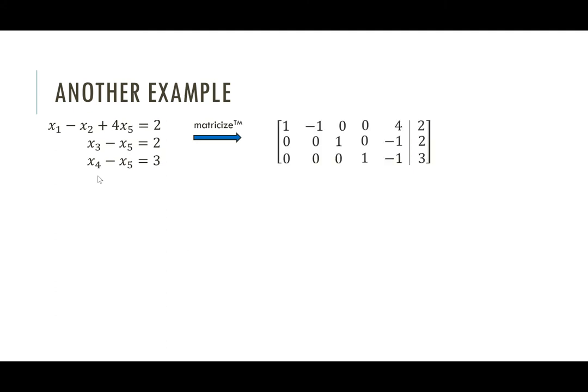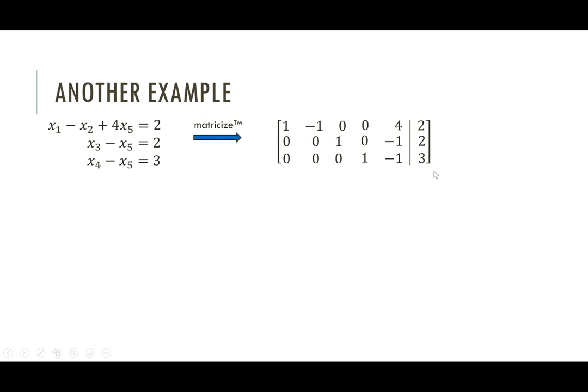And we get 1, -1, 0, 0, 4, 2, because 1, -1, no x3s, no x4s, but a 4 on x5, 2 here. Again, no x1s, no x2s, so we get 0, 0, 1 x3, no x4s, -1 times x5 equals 2, and then no x1s, x2s, or x3s, and then 1 x4 minus x5 equals 3.